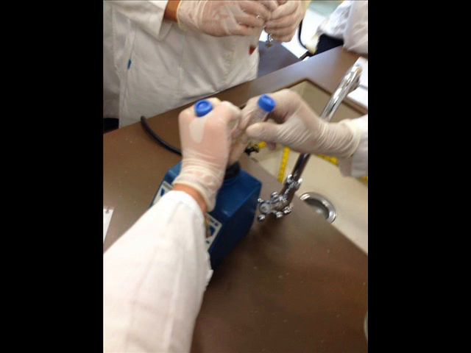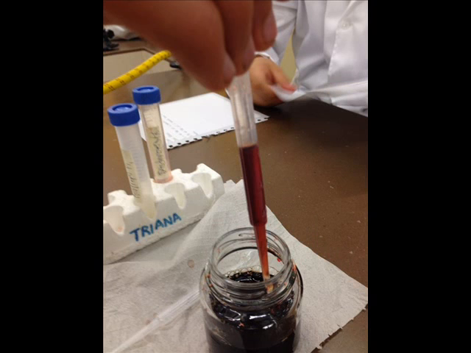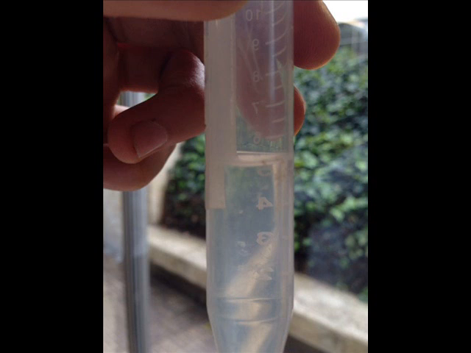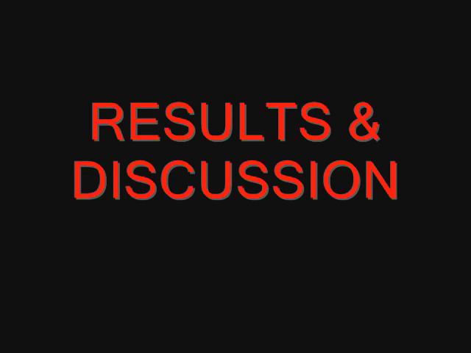After that, we centrifuge the sample at 4,000 RPM for 15 minutes again, and after we took out the sample, we transferred the supernatant into a test tube. Later on, we add 2 volumes of ethanol and centrifuge the sample again for 10 minutes. Finally, we took the sample out of the centrifuge and we start to see the DNA.